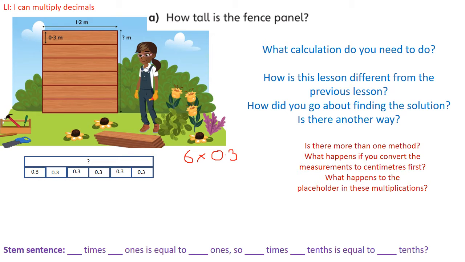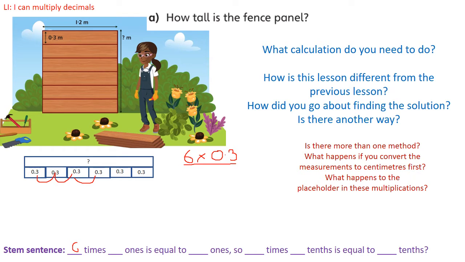So it's asking us how tall the panel is. So we could do repeated addition, adding them up as we go. Alternatively, we can do as we've got here, 6 times 0.3. So how can our STEM sentence help us?